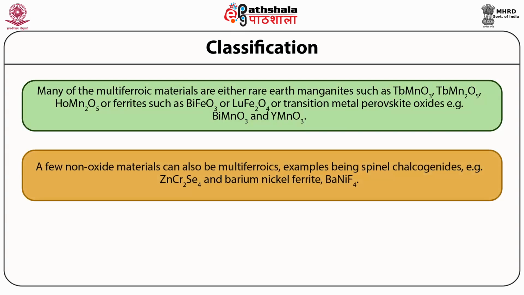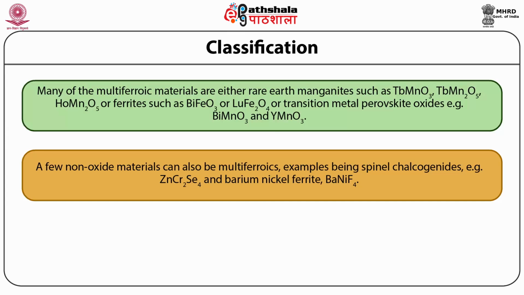A few non-oxide materials can also be multiferroics, examples being spinel chalcogenides, for example zinc chromium selenide, and barium nickel ferrite.